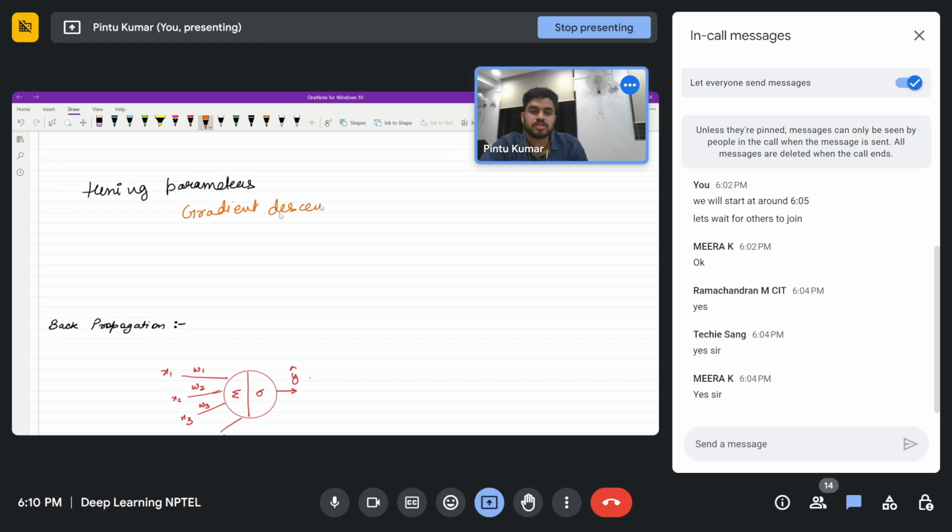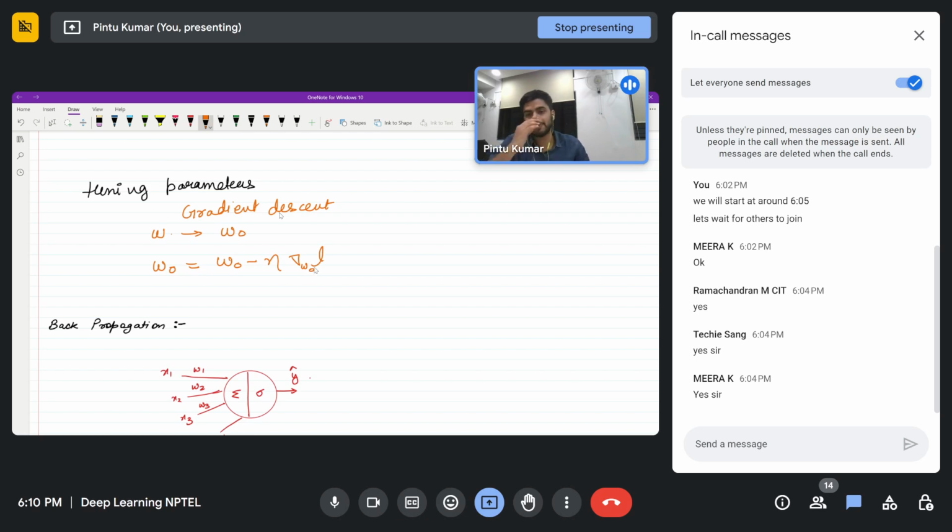So just a very small recap. What do we do with gradient descent? If W is the vector of parameters that we want to find, then we initialize this with W naught, and then we keep on updating W naught by W naught minus some eta times the gradient of the loss function with respect to the weights.